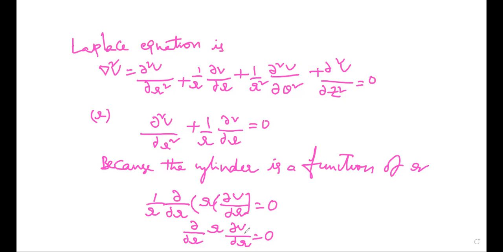So integrating this equation, r into dou V by dou r is equal to c1, where c1 is an integration constant.